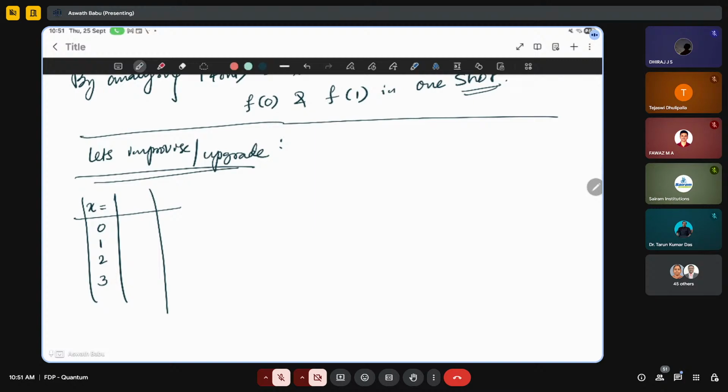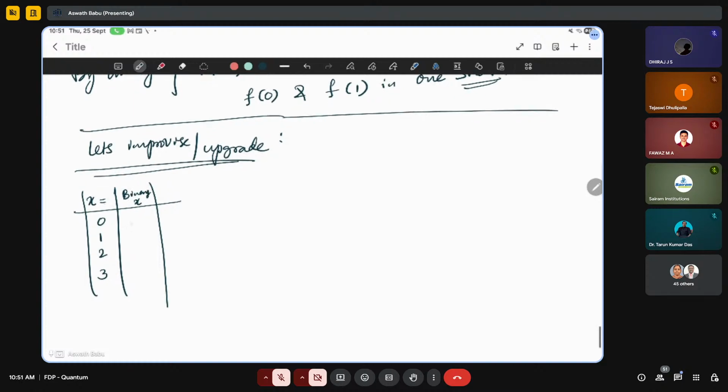The binary version of x should be 00, 01, 10, 11. That is the binary version of 0, 1, 2, 3, four numbers. Now I want to find what is f of x. As we see, there are four values of x argument. I want to find functional values of these argument values.